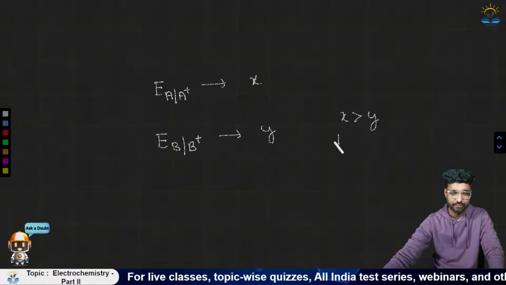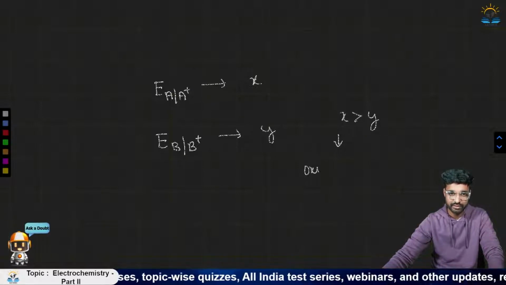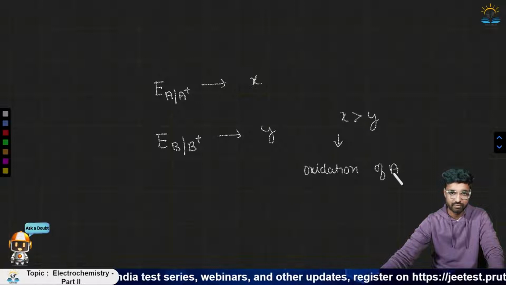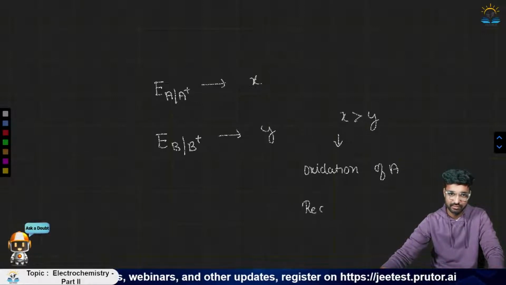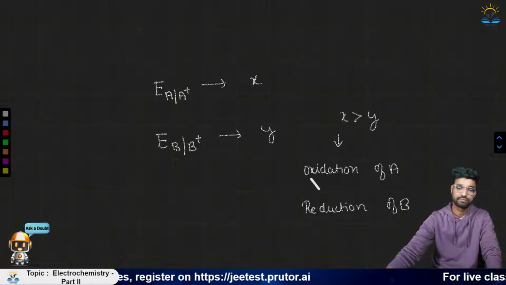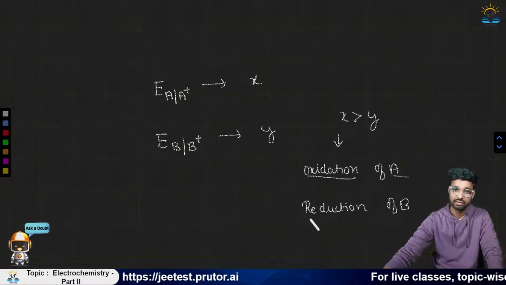So for this case, oxidation of A takes place and reduction of B takes place. Now this is the case.